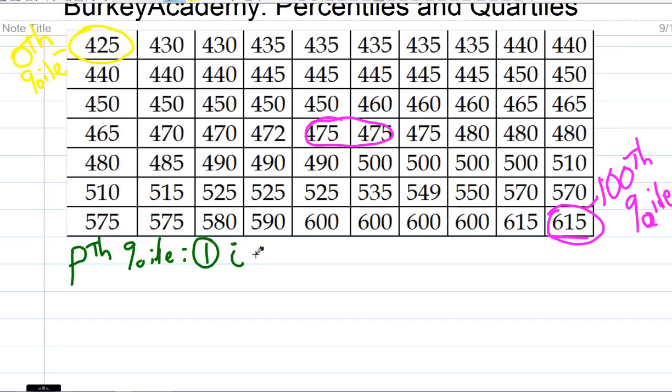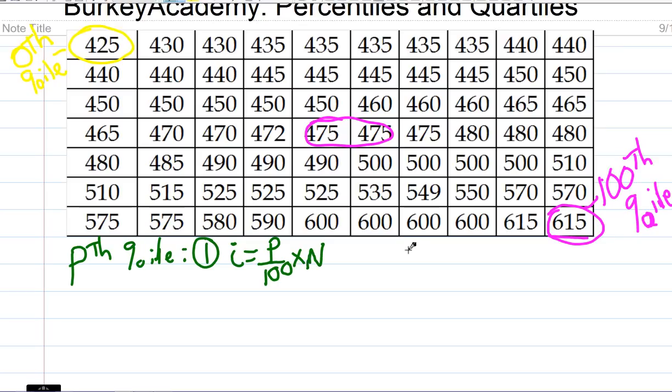So the index number I is equal to, take this P, whether it's 10 or 50 or 90 or whatever, and divide it by 100, and multiply that times n. How many numbers are there in your list?